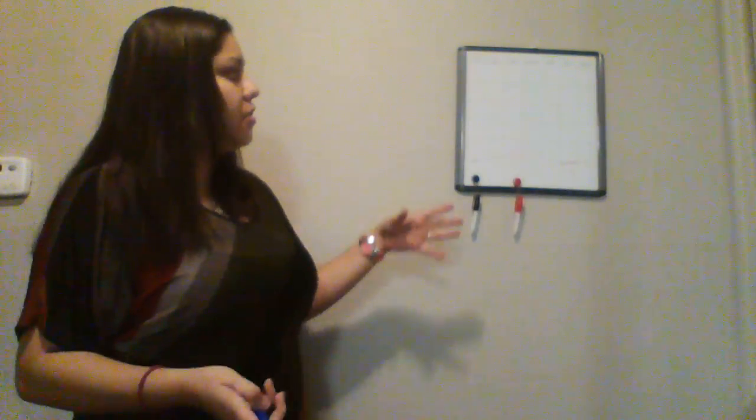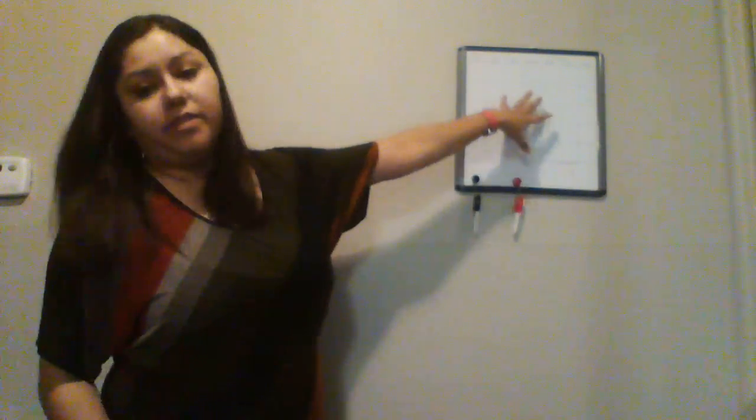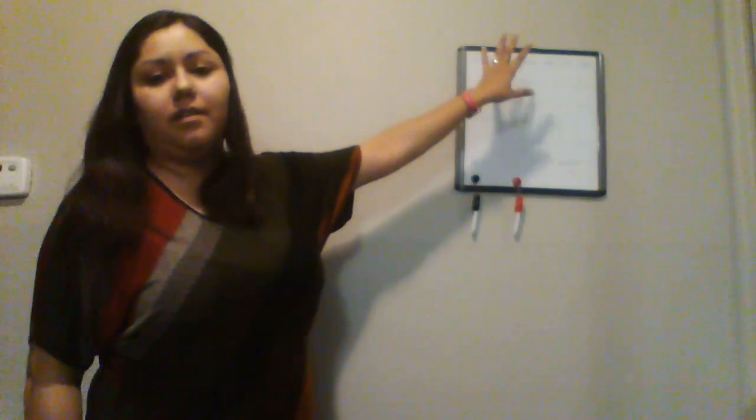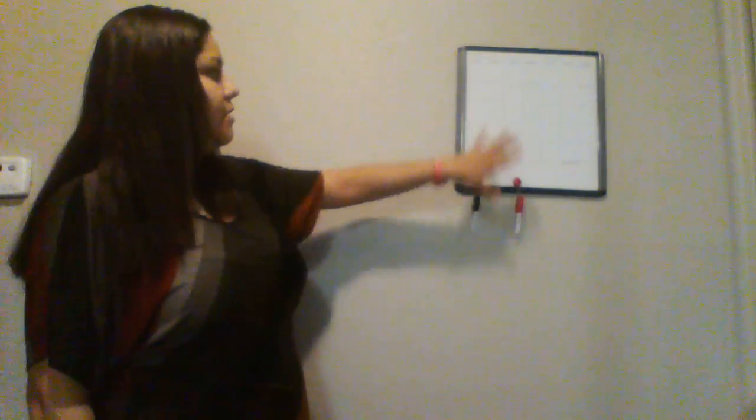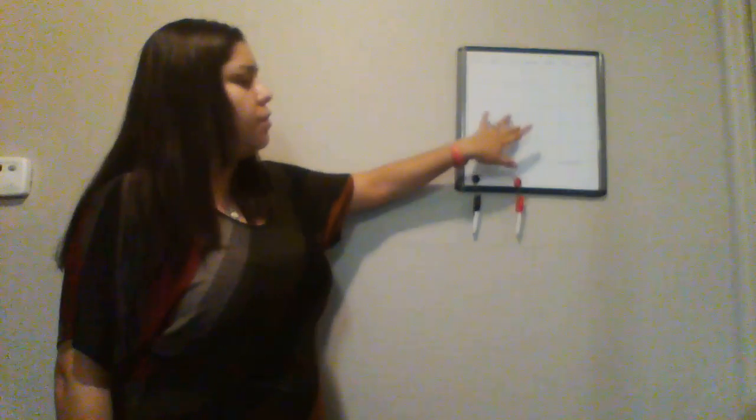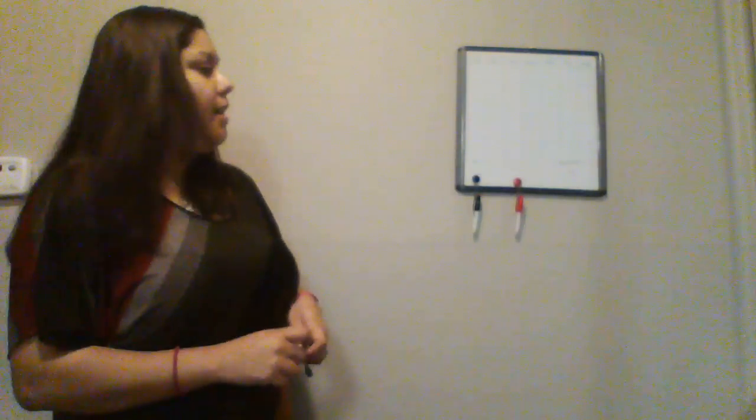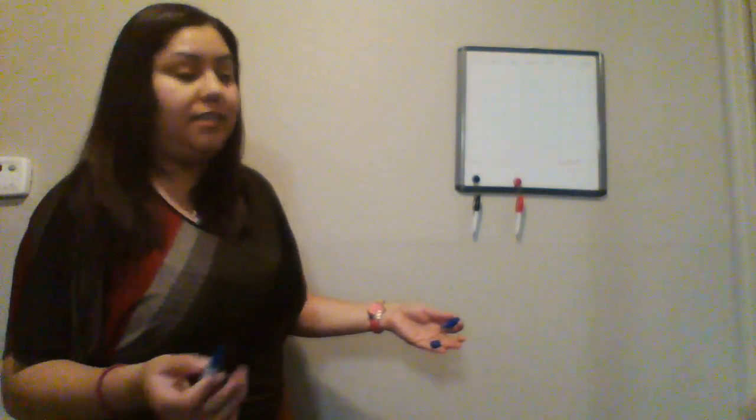So let's say this represents a pizza, for instance, with 1, 2, 3, 4 different slices. We're looking for 1/4. Let's say 1/4 of a pizza has been eaten. So we're going to shade in that 1/4 that's been eaten.